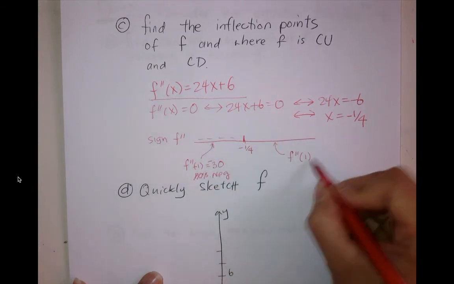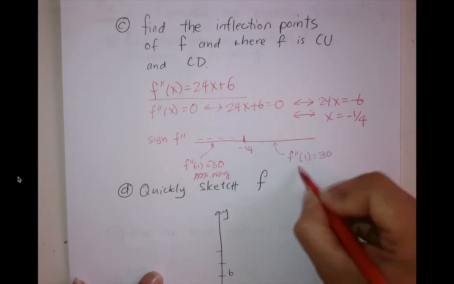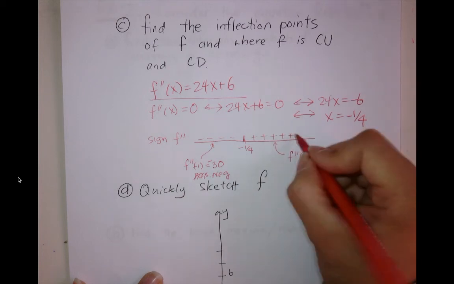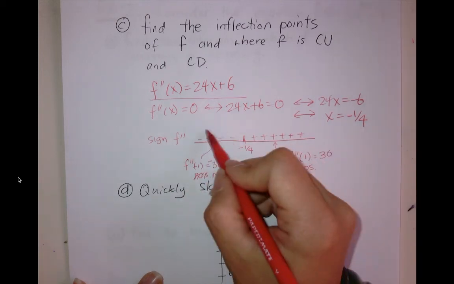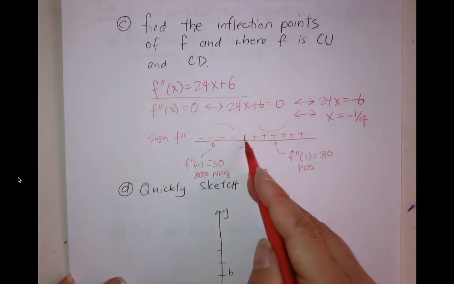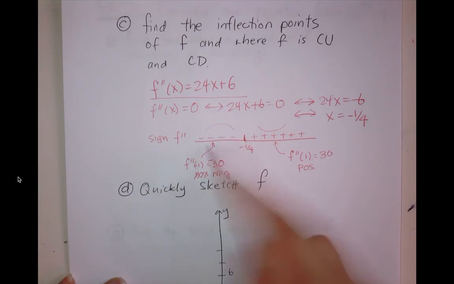So we know the function is going to be concave up and then concave down here. So indeed, this is going to give us an inflection point because the function changes concavity here.